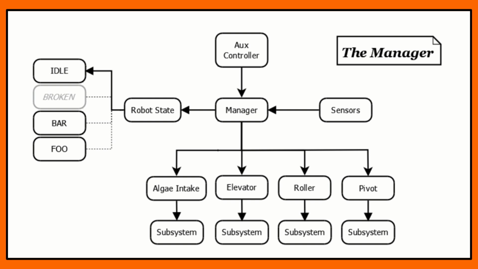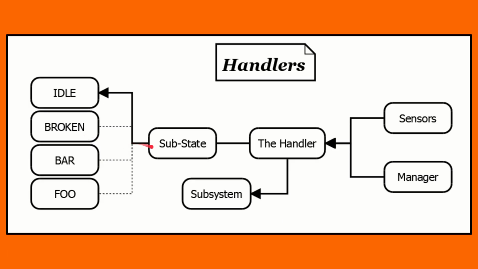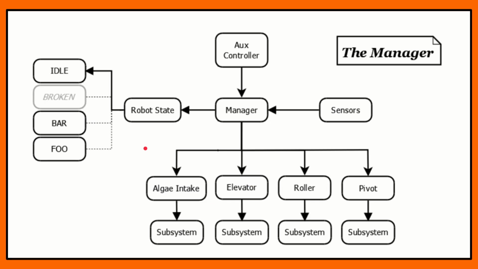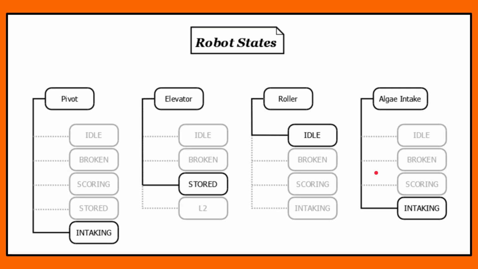So the manager handles all those different button presses and readings from sensors, and then goes through and tells all the different handlers what to do based on the robot state. Just like a handler would tell the subsystem what to do based on the substate, the manager does it on the robot state. But what is a robot state really? And how does it do it for 4 different things at once?